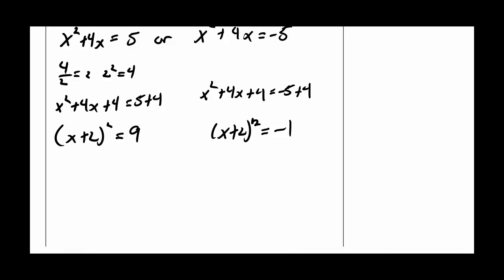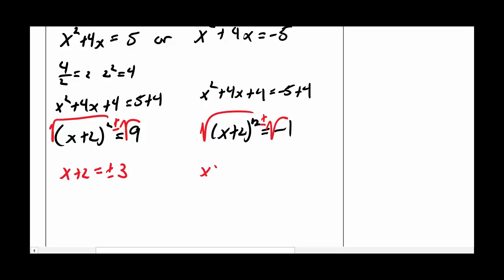Okay, so we're going to have some imaginary solutions here. And then we'll take the square root of both sides. So I get x plus 2 equals plus or minus the square root of 9, which is 3. And x plus 2 equals plus or minus i.